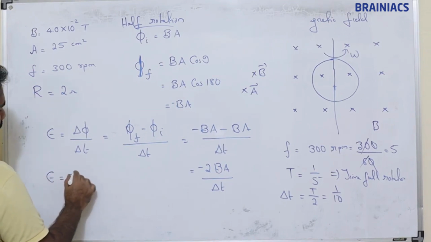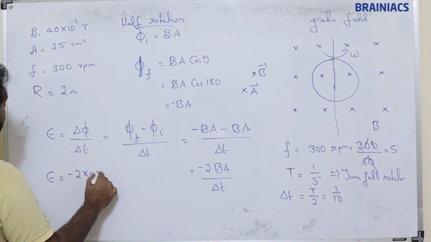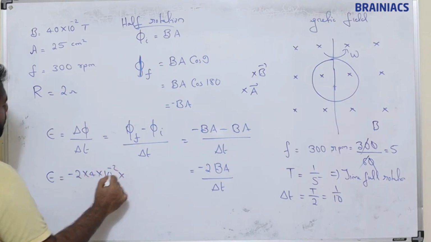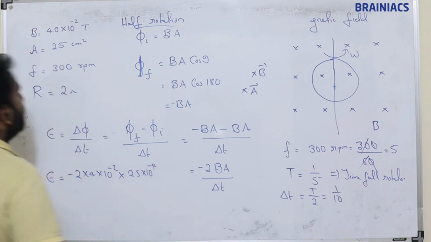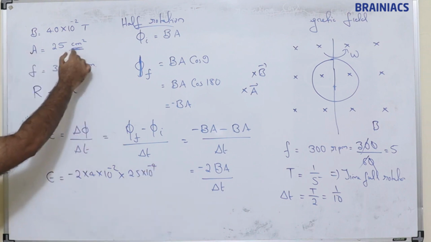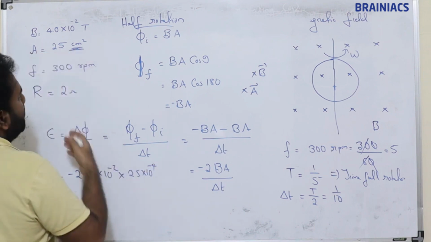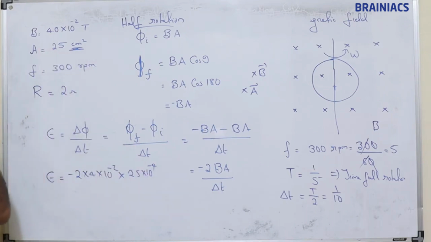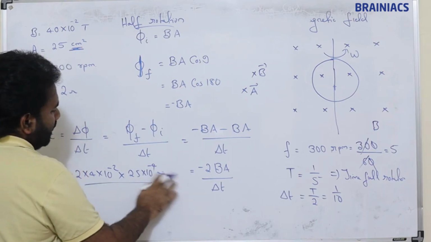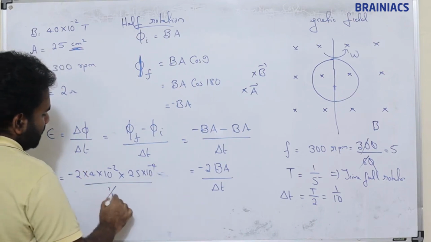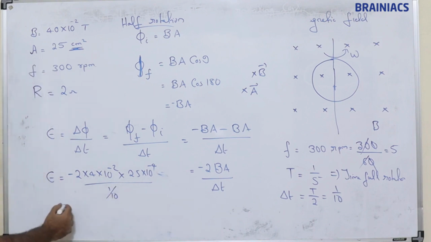E is equal to minus 2 into 4 into 10 raised to minus 2 into 25 into 10 raised to minus 4, with centimeter square converted, divided by delta t, which is 1 by 10.